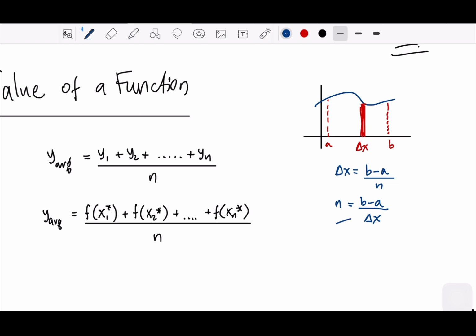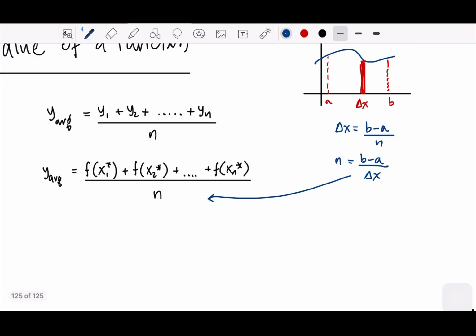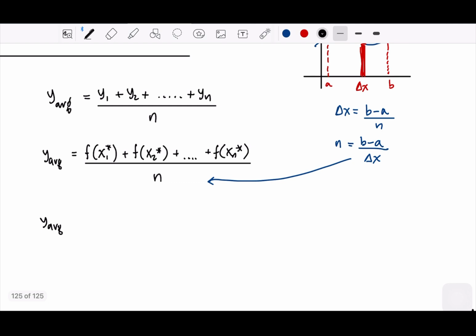Now we switch this n to that n. Okay, so we are going to have y average equal to 1 over b minus a. Since b minus a over delta x goes to the upside, and this will be f, multiplied with delta x, okay?